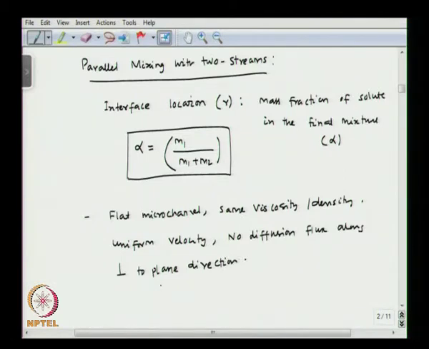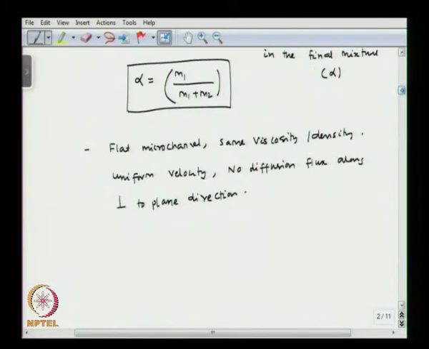So, under that assumption we say that the channel is long and width is W, and we are talking about two inlets and one outlet.